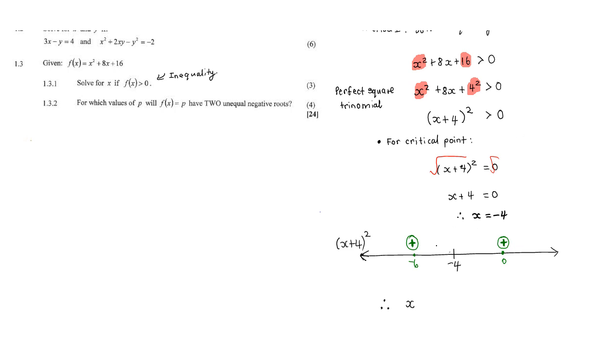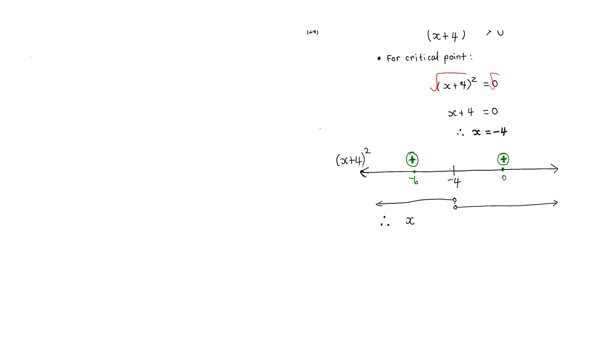So basically we're looking at this section and we're looking at this section. We just have a gap in our solution. The only thing we're not taking is this negative 4. So our answer is therefore x less than negative 4, or when x is strictly greater than negative 4.